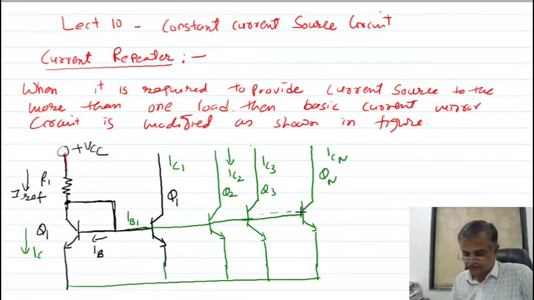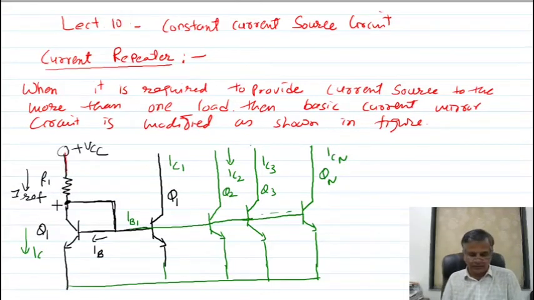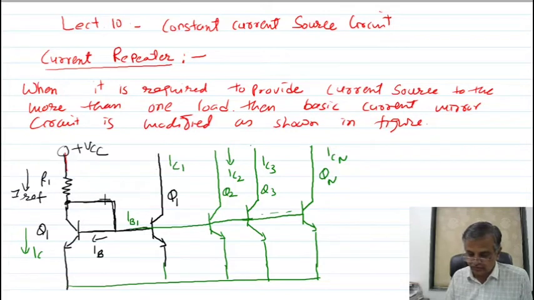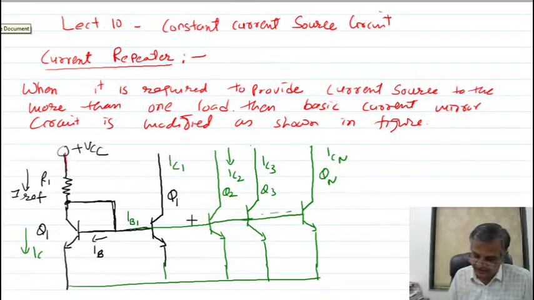Look here, the circuit. From this node of R1, one connection is given here. So this current is IB, this current is IB1, this current is IB2, IB3 and IBN.